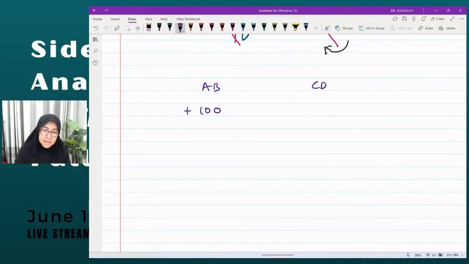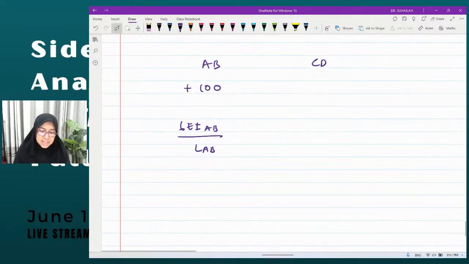And the formula for AB is 6EI_AB divided by L_AB squared. That is the formula for calculating FEM.